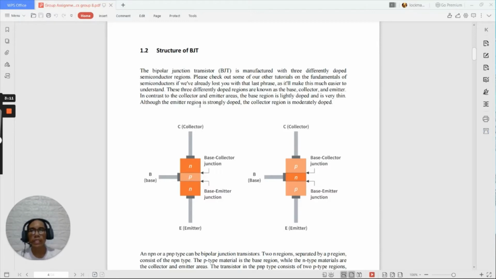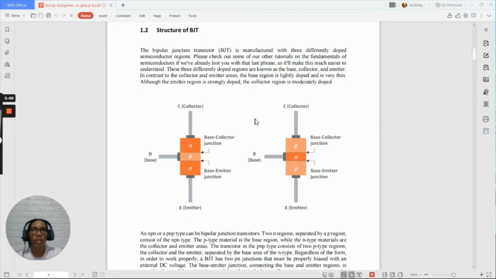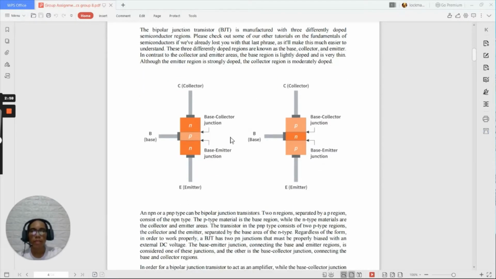In contrast to the collector and emitter areas, the base region is lightly doped and is very thin, although the emitter region is strongly doped and the collector region is moderately doped. As we can see here, the N for the collector is doped, the thin base is lightly doped.